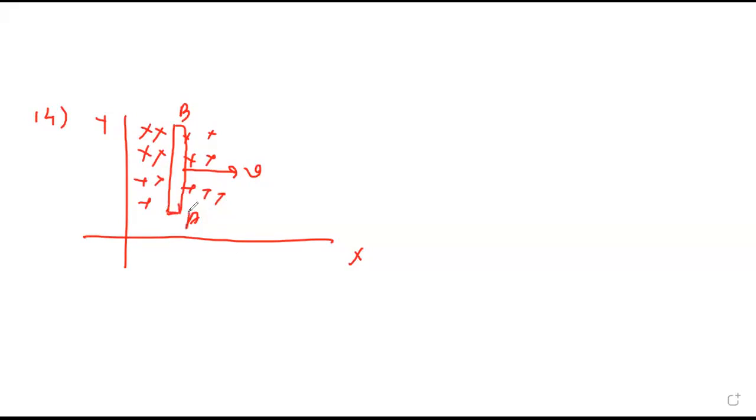Tell what will be the direction of induced current first, then we'll check who is positive, who is negative by Fleming's right hand rule. By Fleming's right hand rule.